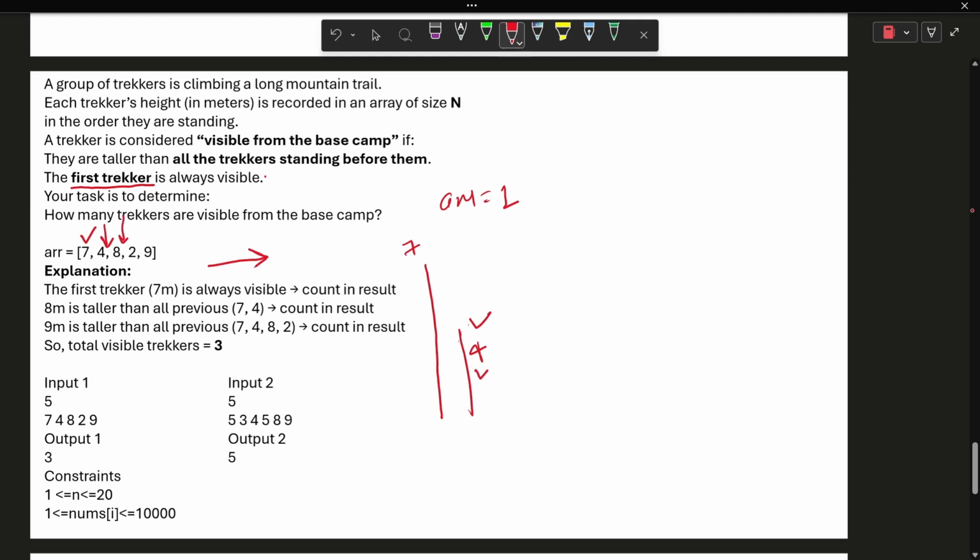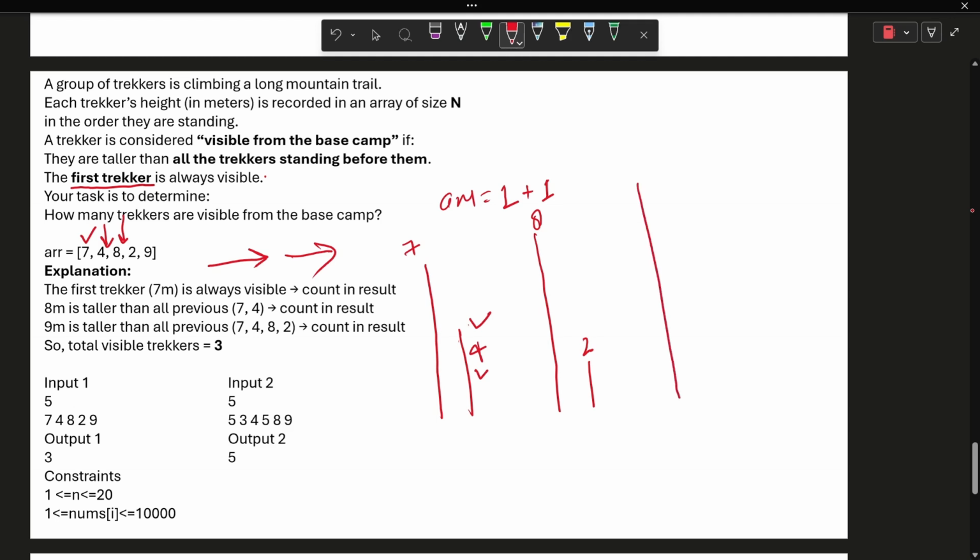Now 8. 8 is bigger than 7, so we can see it, and we consider it in our answer. After that, 2 is another small number. It is also not visible, so we do not consider it in our answer.